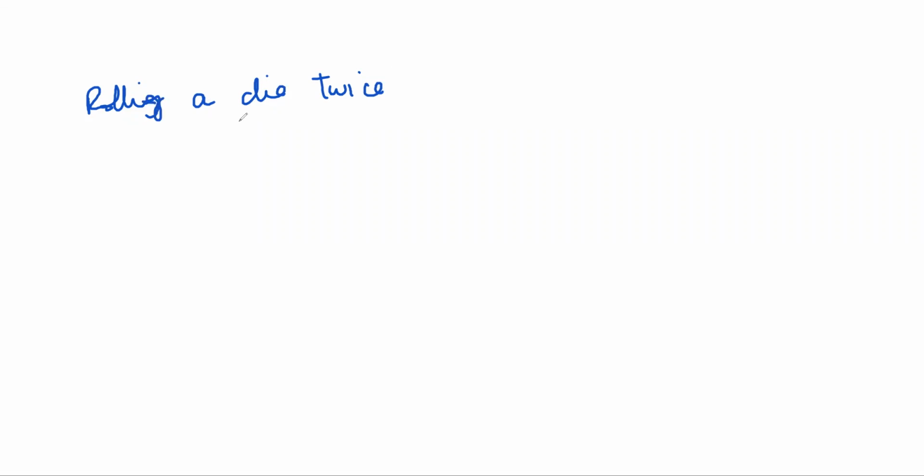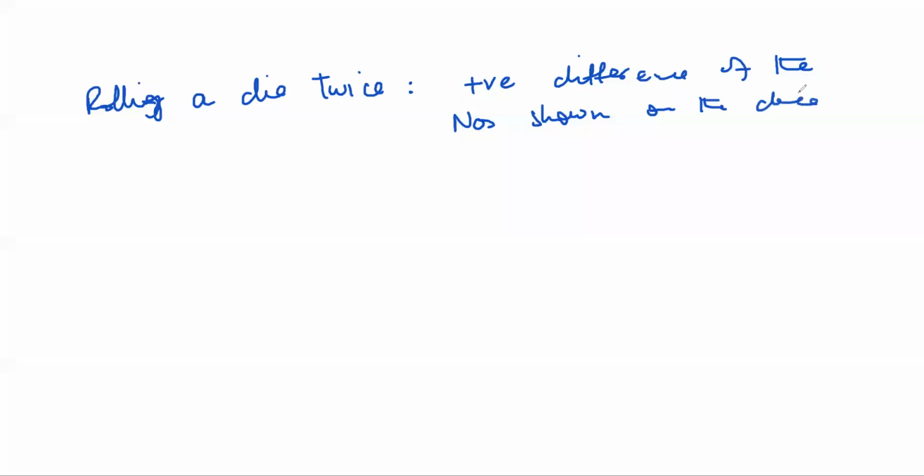So you're rolling a die twice, and you have to make the probability distribution for the positive difference of the numbers shown on the dice. So what will be these differences, bacho?